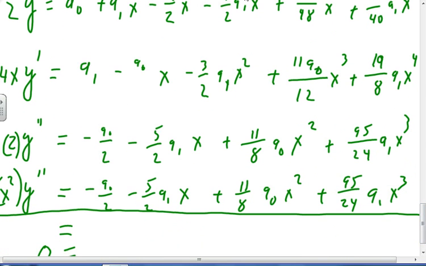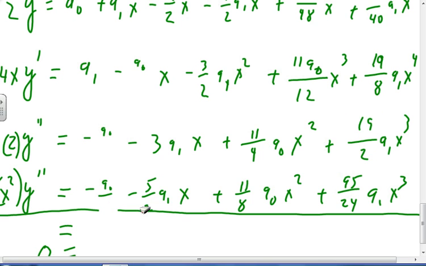Okay, take the next derivative. This is just A0. That's minus 3. This is 11 over 4. And this is 19 over 2.